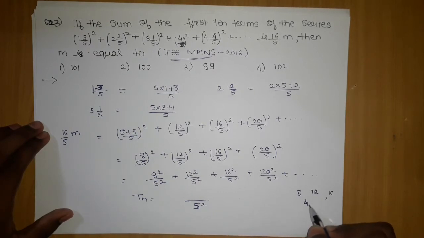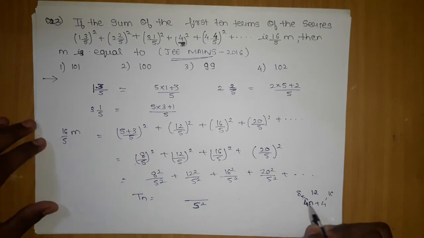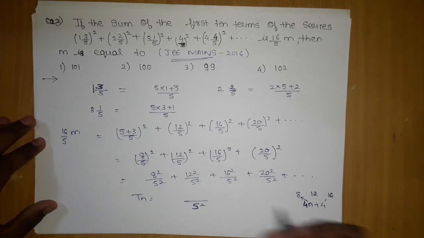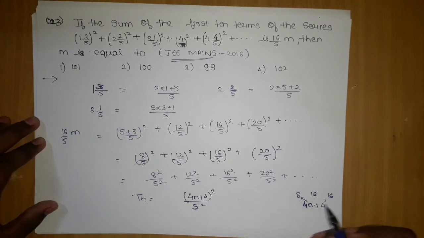Okay, and 4. Suppose here it is n. I want to create a term which will give me 8. So I will do what? 4n plus 4. When I put 1, I will get 8, when I put 2, I will get 12, and if I put 3, I will get 16. So in this way we can create a general term. What was the process by which I created this?